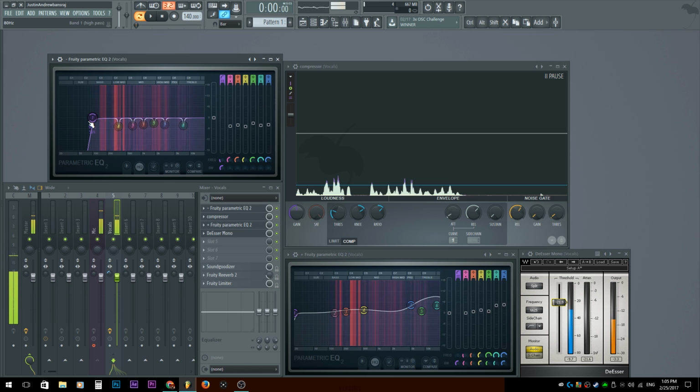That is where EQing out the bass first will help the compressor take the right signal, the right signal being like this right here, and not the thumping, and then apply its dynamics to it. And then, of course, if you want, you could EQ it afterwards.